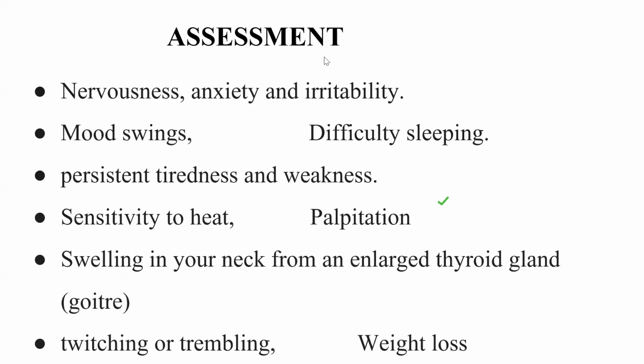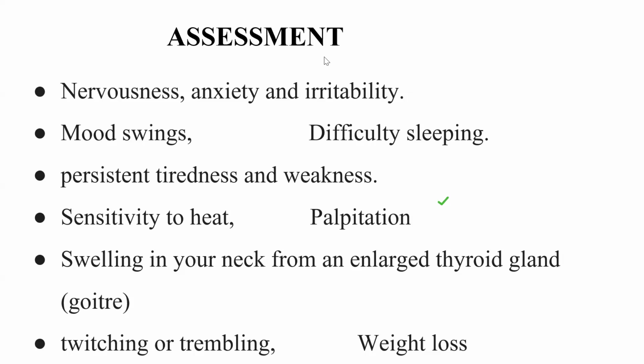So what are the assessments? Clinical manifestations: the first thing is nervousness. The patient is always nervous, with anxiety and irritability. There could be mood swings, difficulty sleeping, persistent tiredness and weakness. There could be sensitivity to heat, palpitations, swelling in the neck from an enlarged thyroid gland, which is goiter.